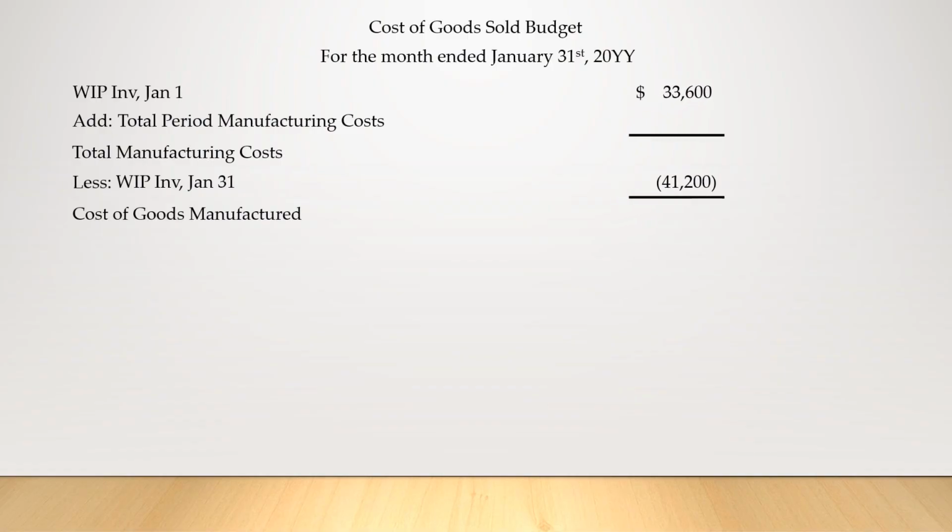We need only determine the period's manufacturing cost to calculate the total manufacturing cost and subsequently the cost of goods manufactured. Manufacturing costs are the sum of 3 specific costs: direct materials, direct labor, and factory overhead.